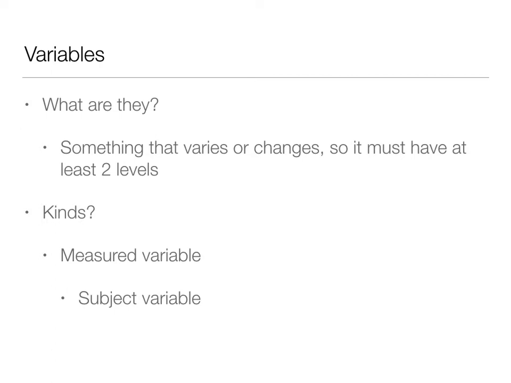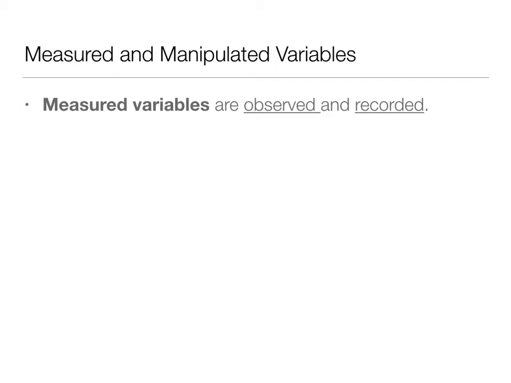And the other kind is a manipulated variable, and this is what we're going to talk about a lot in our experimental methods, because in experimental methods, we're manipulating variables. In our other methods, we're primarily measuring variables. We're either measuring 1 variable or we're measuring 2 variables, and in an experiment, we're both manipulating variables and measuring variables.